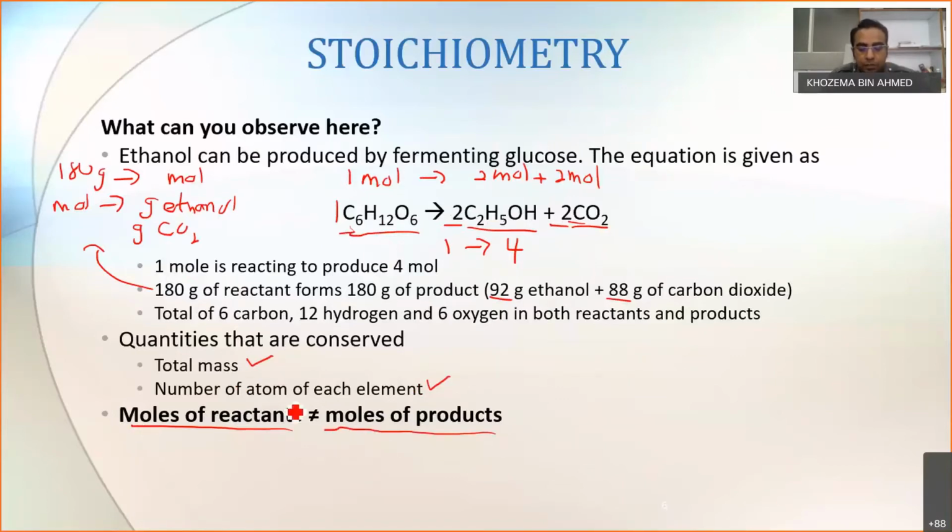Okay, so this is a very important fundamental that you have to understand. In material balance, mole of reactant is not equal to mole of product, depending on your reaction. But always your mass will be equal and your number of atoms will be equal. So if you follow these rules, you will be able to solve any material balance problem.